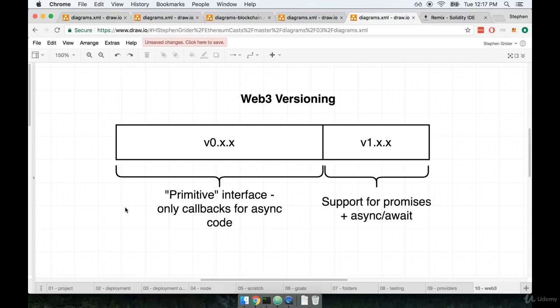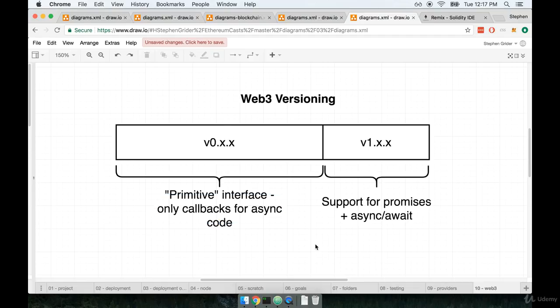If you want to get access to a contract, call a function on a contract, or send money from one person to another, these are all asynchronous actions that we execute using Web3. The only way to get some indication that our function call, our transfer of money, or getting access to our contract has been completed successfully is by providing a callback function.